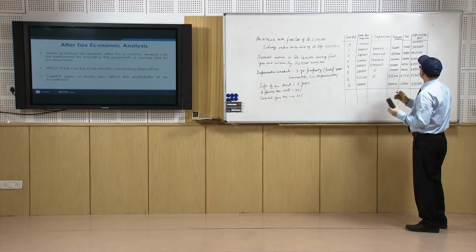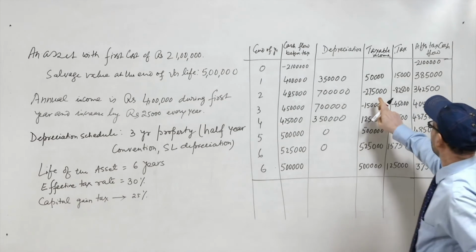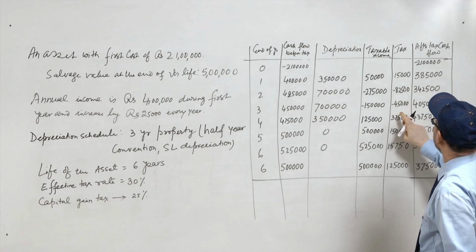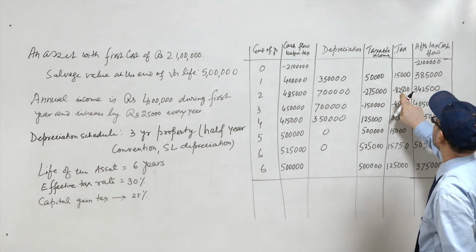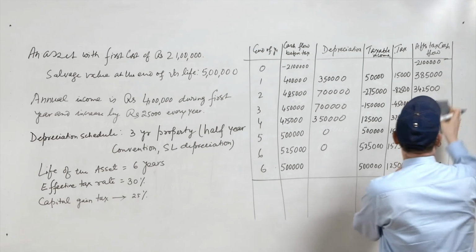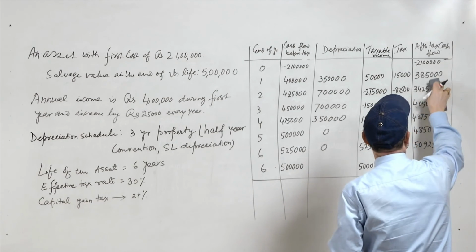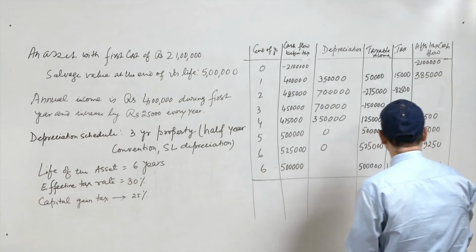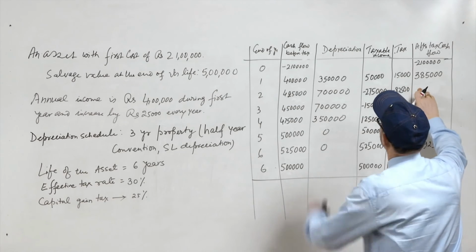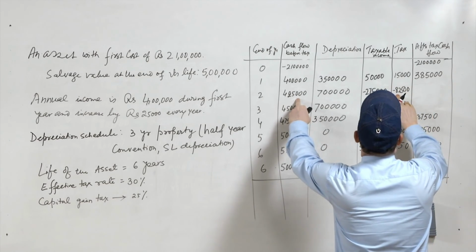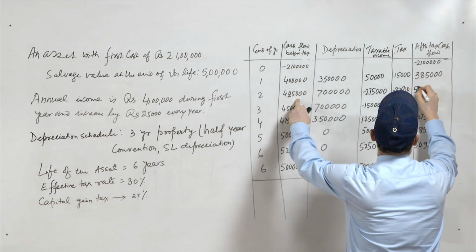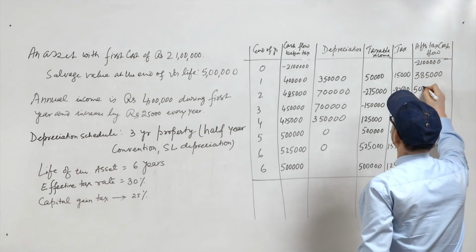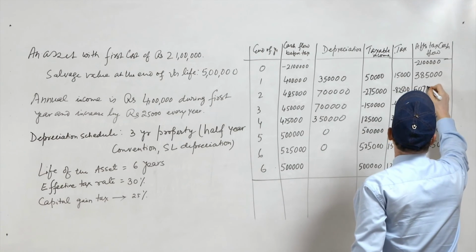So actually there has been a mistake here. Basically here we have the tax benefit of minus 82,500 and minus 45,000. So basically these are the benefits, 82,500. So this is a mistake. Here the amount will be added, because we are getting the benefit because of the gain and because of the depreciation schedule. So this amount will be added here and it will be 5,07,500.